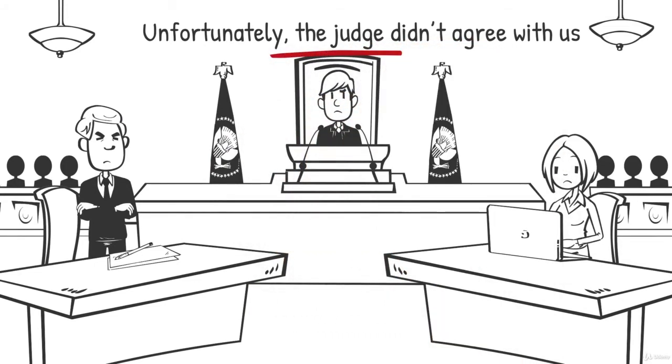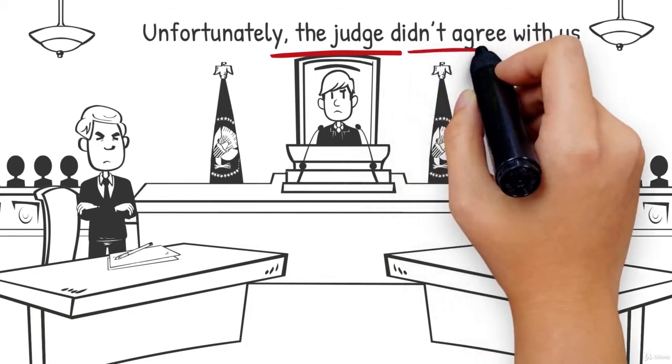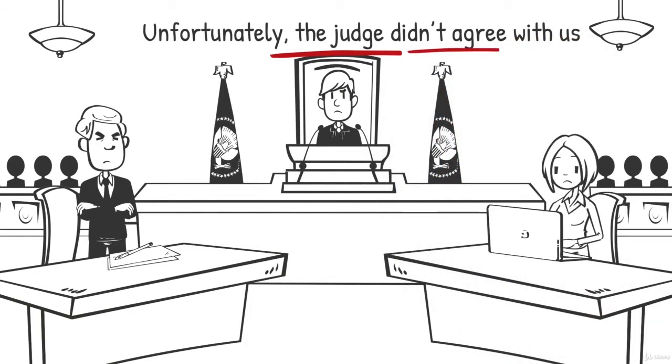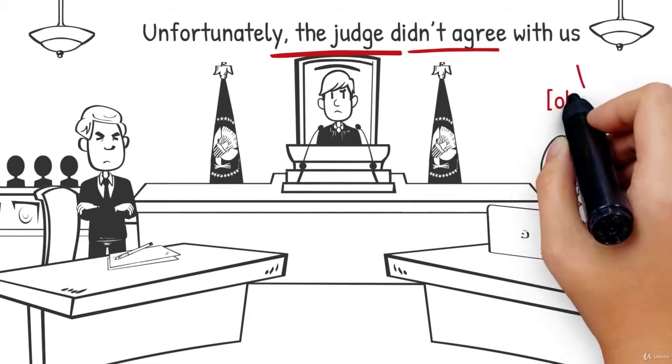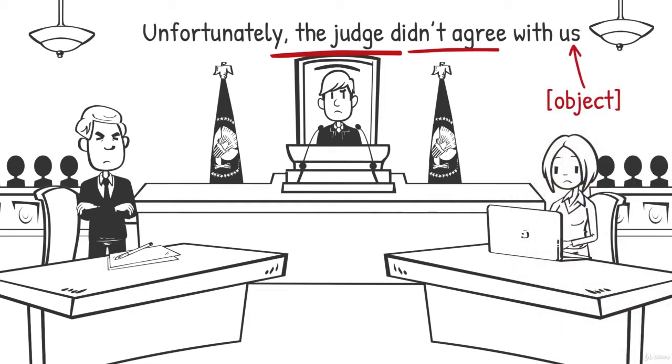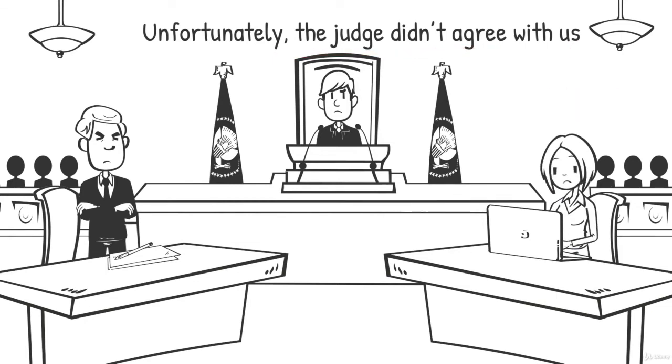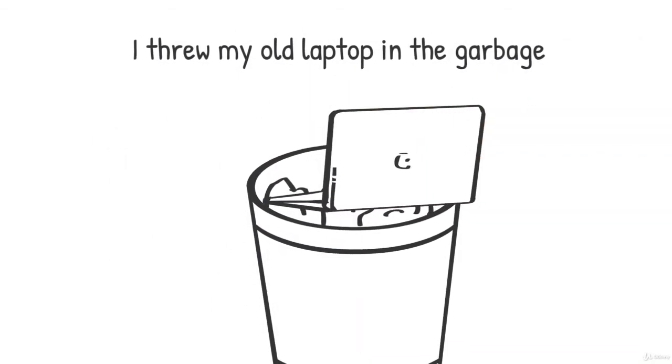The noun judge is the subject. Didn't agree is the predicate. And us is the object. The action went from the subject to the object. I threw my old laptop in the garbage.